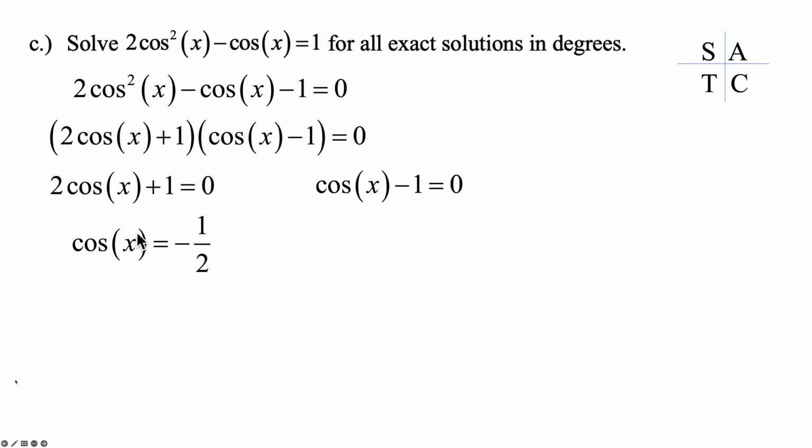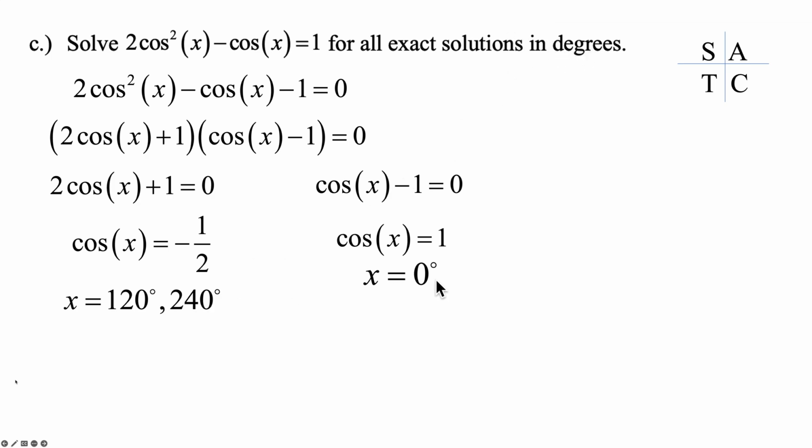All right, so let's finish this. Cosine's negative, so that means we have to be in quadrants 2 and 3 with a 60-degree reference angle, so that's 120 degrees and 240 degrees. Cosine of x will equal a 1, so that's right here at 0 degrees. Now we're looking at all exact solutions, so we're thinking about adding 360 degrees to this.